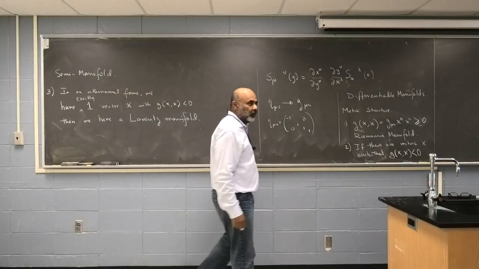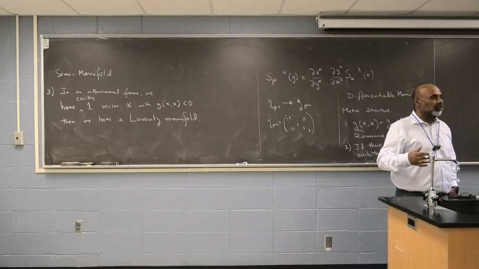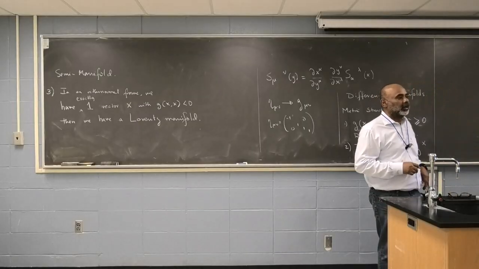So if you have all vectors whose inner product, when you find its length square, I'm just going to call it length square.